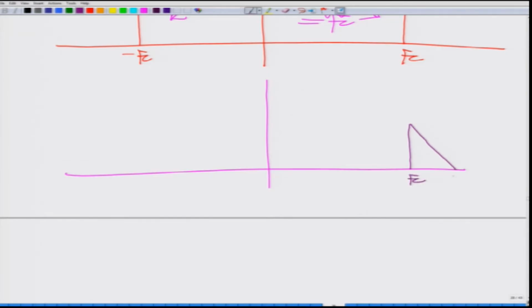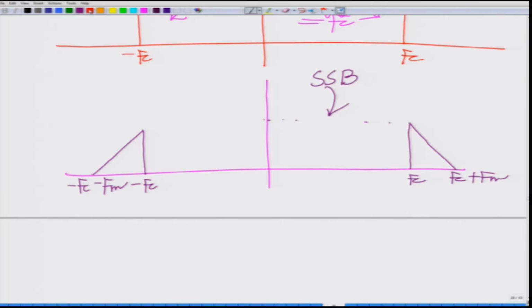So, this is fc, this is fc plus fm, and again this is half M0, and similarly on the negative side this is going to be minus fc, and this is minus fc minus fm. And this is your SSB, correct.